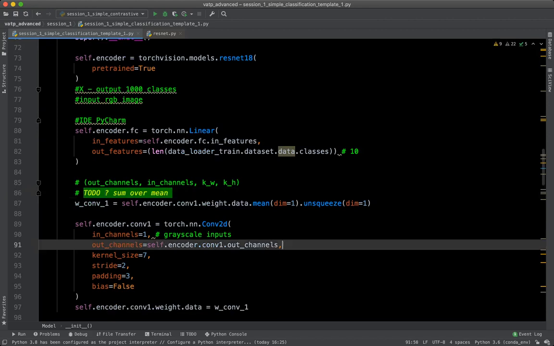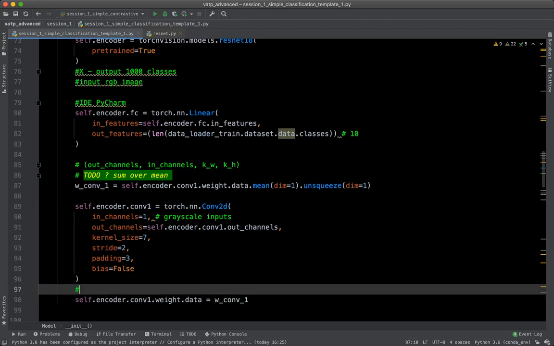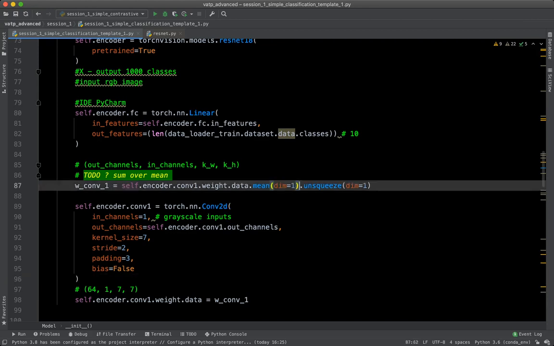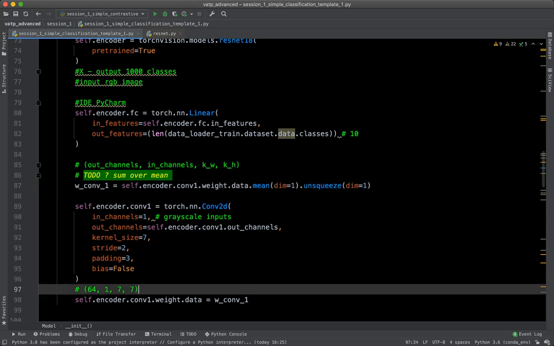But here, regarding the unsqueeze, the new stuff here is actually, let's say the output channels will be 64, then the input channels will be 1, and then the kernel is here, if you see, 7, right? But if we do the mean here without the unsqueeze, we would get something. So if we do the mean without the unsqueeze, let me see. So after the mean, we get.